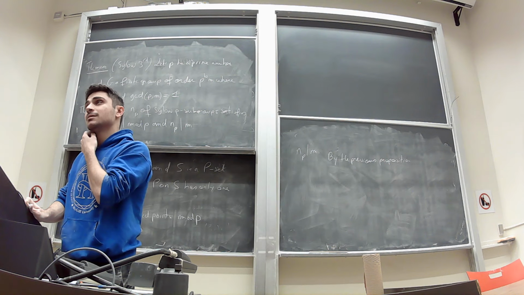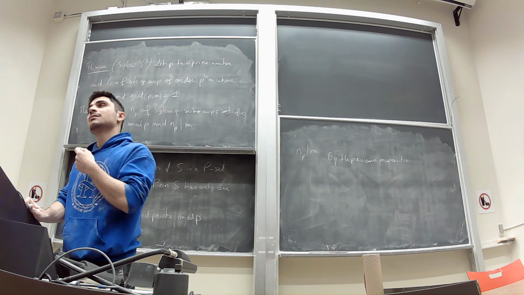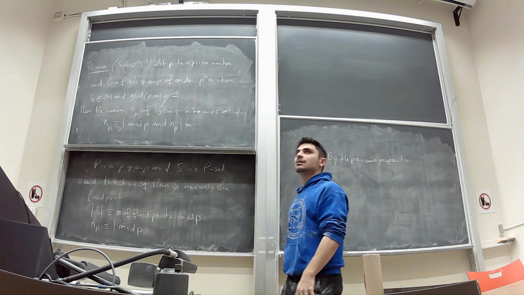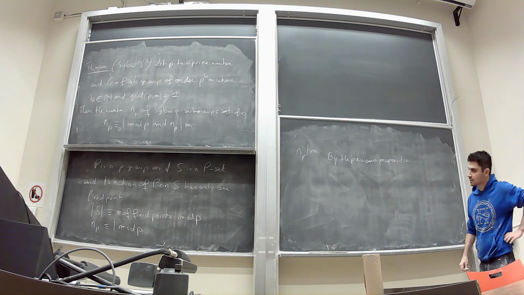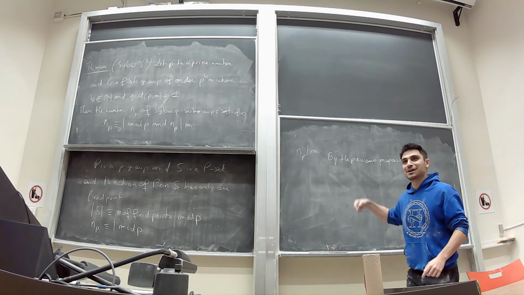Then, since we established that the normalizer had the GCD, but we said that it was P to the K times L, we have to say that L divides M, right?